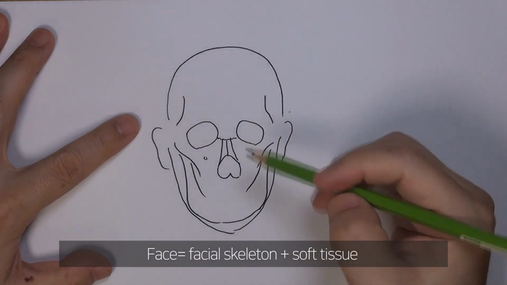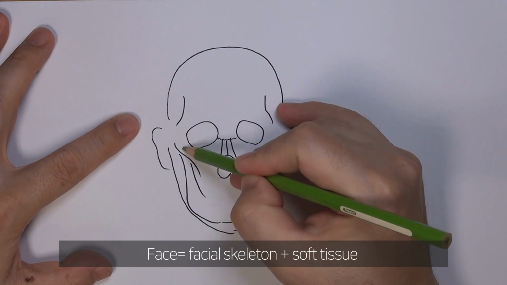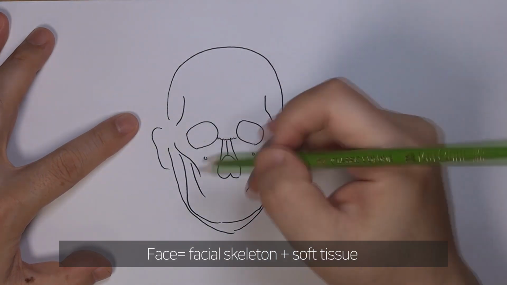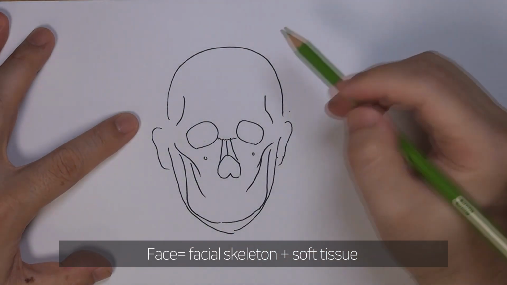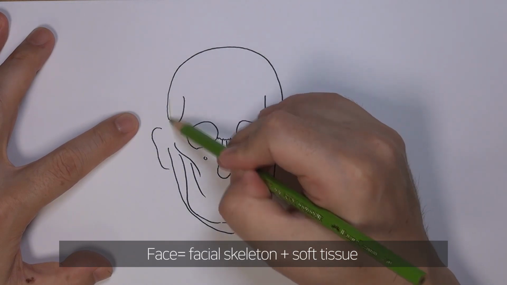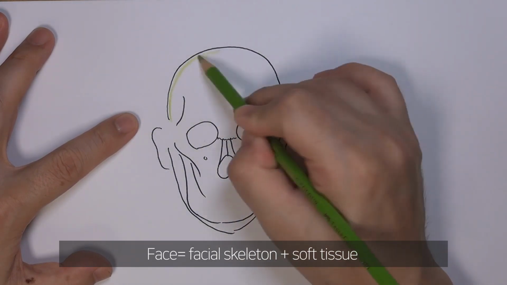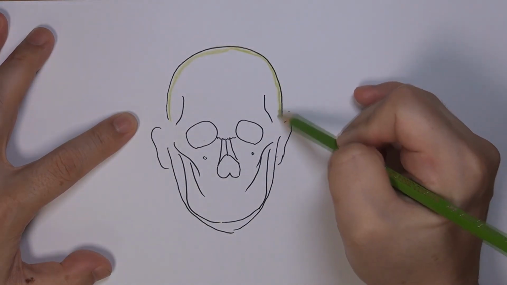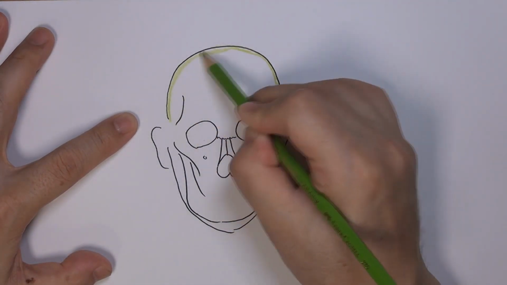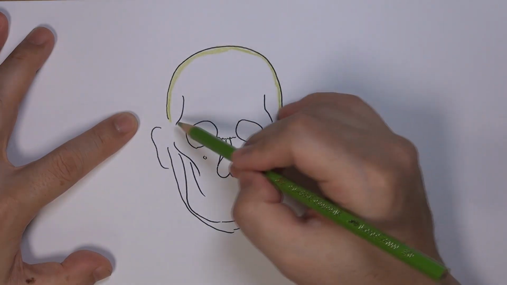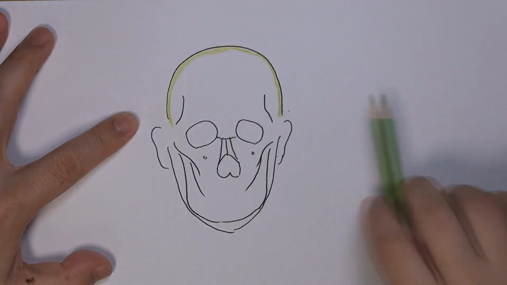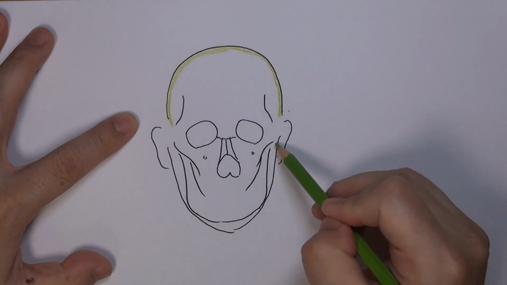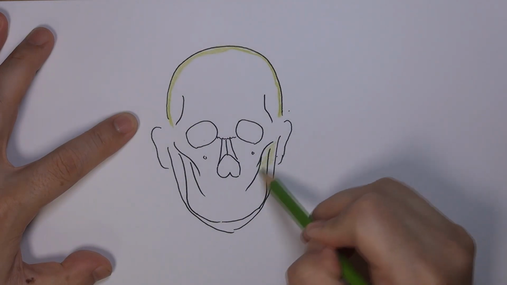In the front of the face, the upper part consists of relatively thin tissue, the scalp, and most of the tissue is bone. But in the lower portion of the skull, that is the face, the facial soft tissue is much thicker than scalp tissue.